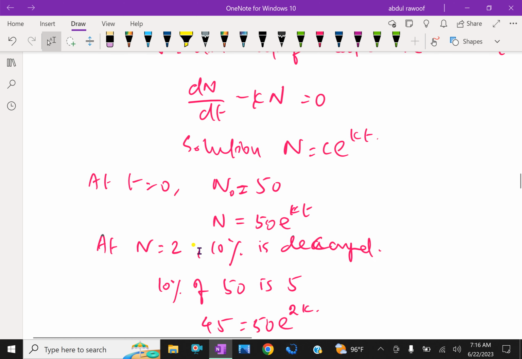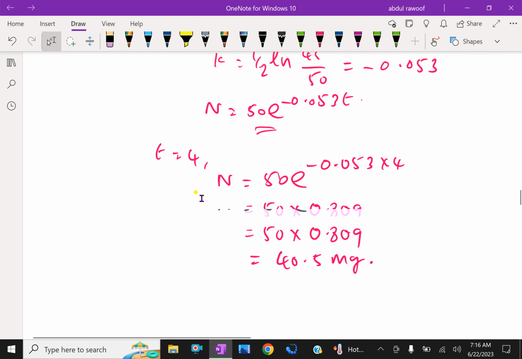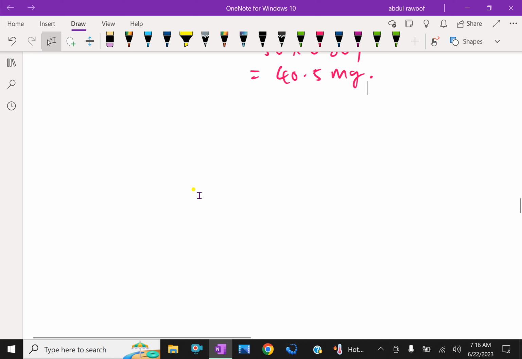Then the third part, the time at which the material has decayed to 1/2 of its initial mass. Here, N equal to half of the mass, that is N equal to 25, because initially 50 milligram.